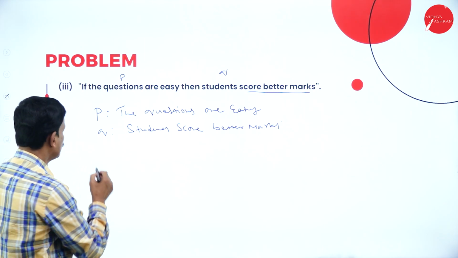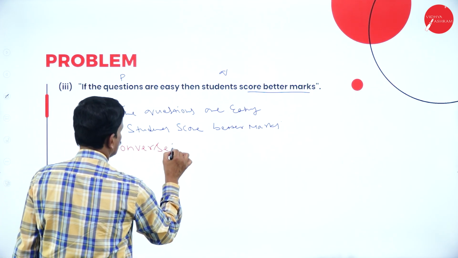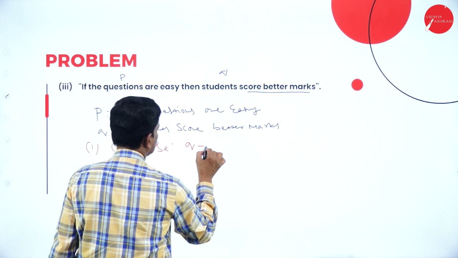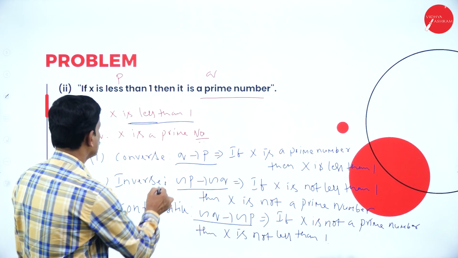Now let us write first one, the converse. What is converse? Q conditional to p is the converse. So what is this equal to? Q conditional to p.